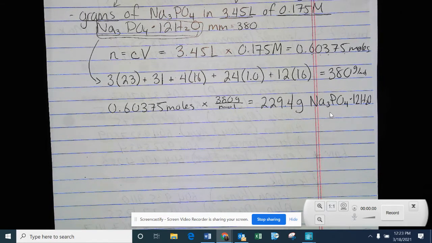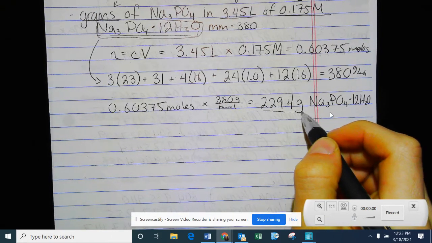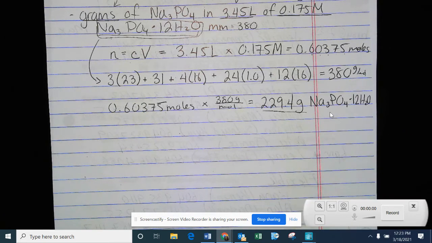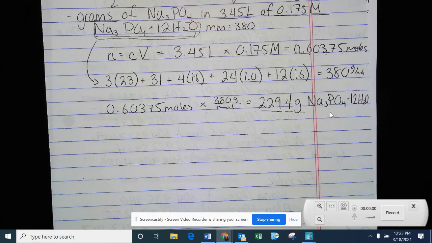Oh, but we're looking for grams of the Na3PO4 part. Okay, did everybody get here at least? Does this part make sense to you all? Yeah? Okay. And then we should have to do one more step, right? To just get the Na3PO4. I misread the question.